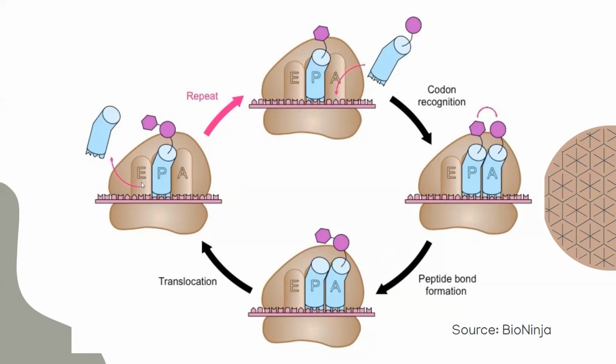The E site is basically the exit site. So the tRNA that's not carrying any amino acid just exits, and it's repeated and keeps elongating.